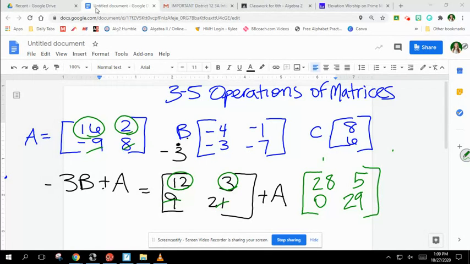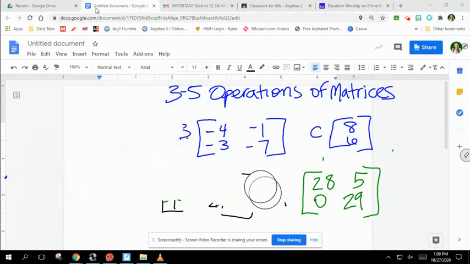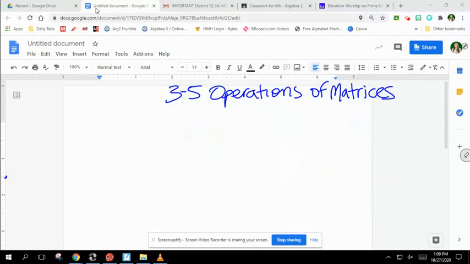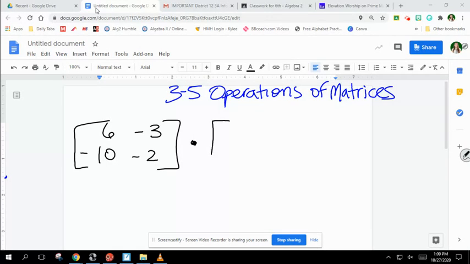There's 2 questions that are a little bit harder because it's multiplication. And what you think would happen actually doesn't. Alright, so let's do 6 and negative 10, negative 3 and negative 2, times negative 5 and 3, negative 4 and 3.